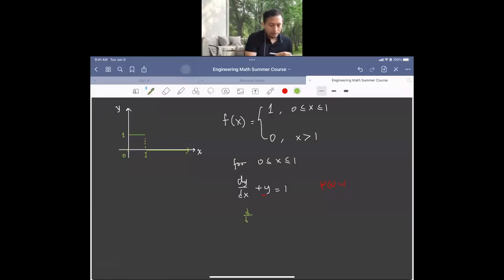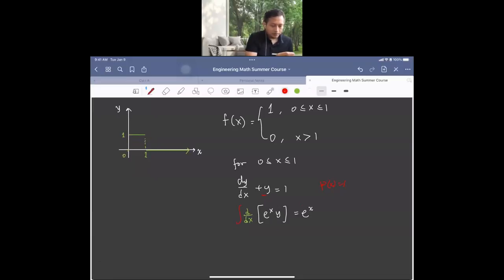Let me skip some parts here and you can try that as well. e with the power of the integral of p dx becomes e to the x, so e to the x times y becomes e to the x.